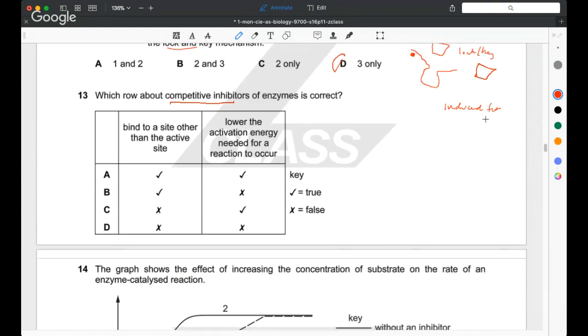So competitive inhibitors do not bind to a site other than the active site. The competitive inhibitors are competing for the active site. So by the process of elimination, it's got to be C or D. It can't be A and B because competitive inhibitors aren't binding to some other part of the enzyme molecule.